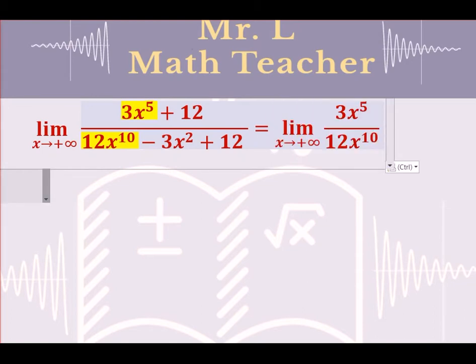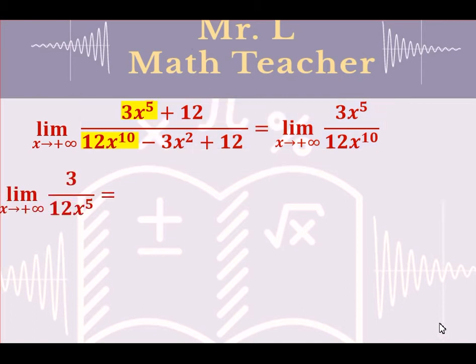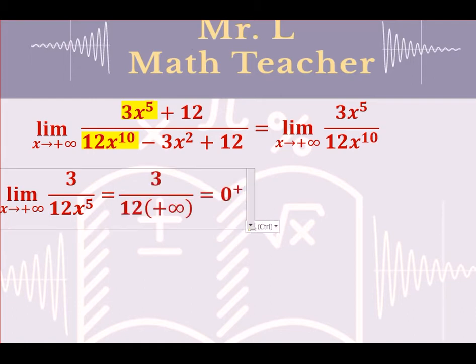Then you can simplify x^5 by x^10, and so this limit is equal to the limit as x tends to plus infinity of 3 over 12x^5, and finally 3 over 12 times plus infinity, which is 0 plus. Of course it's 0 plus because we know that 1 over plus infinity is equal to 0 plus. 3 over 12 multiplied by 0 is 0. So in this example, as you see, the limit will be 0.